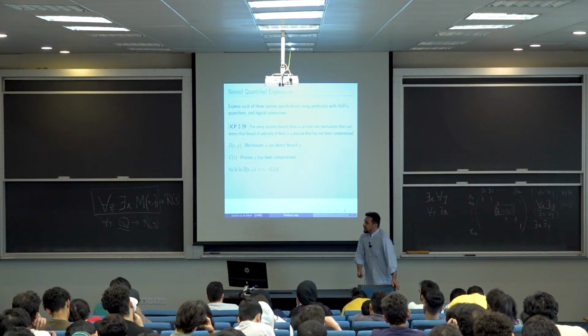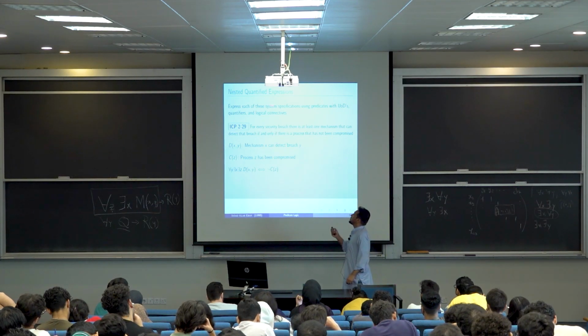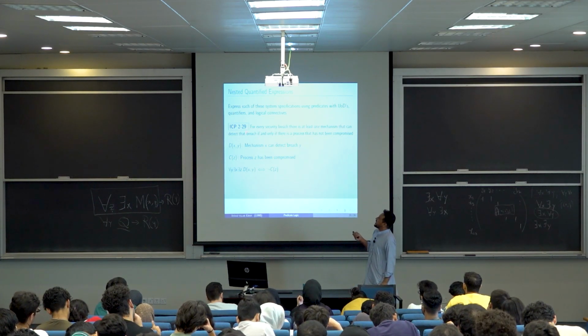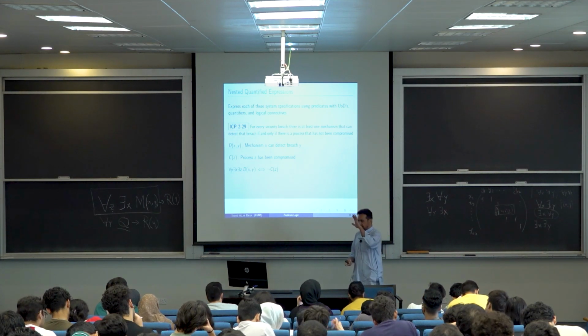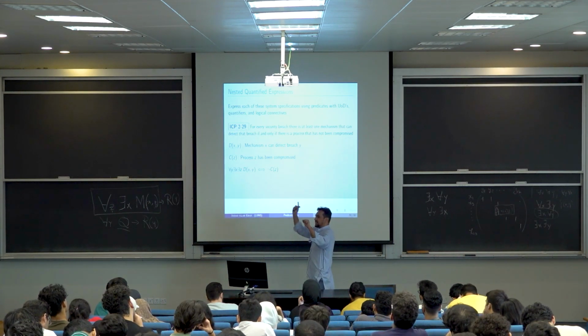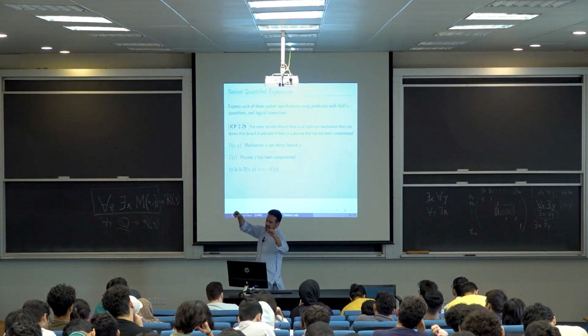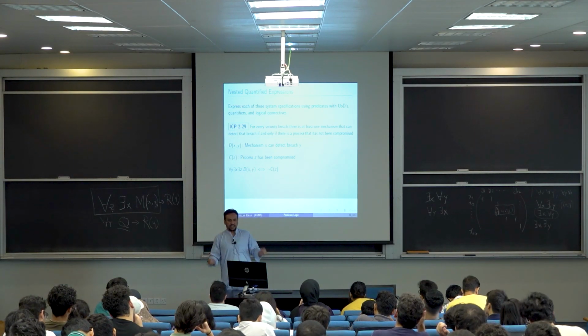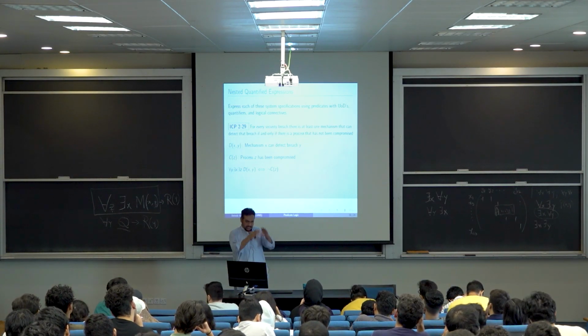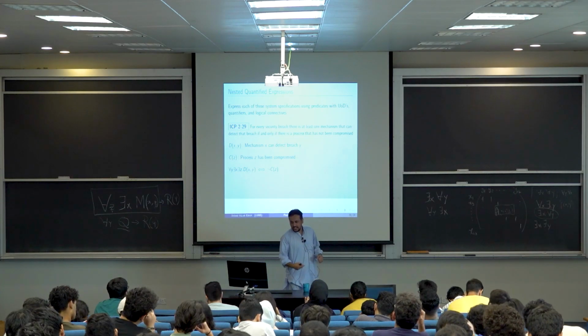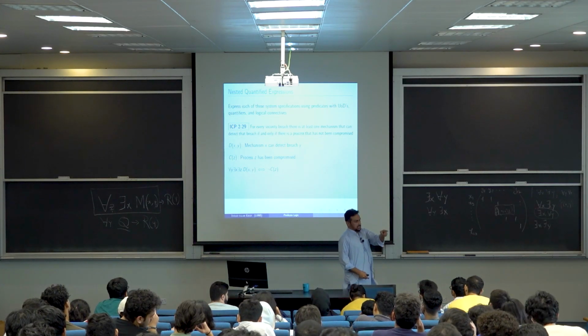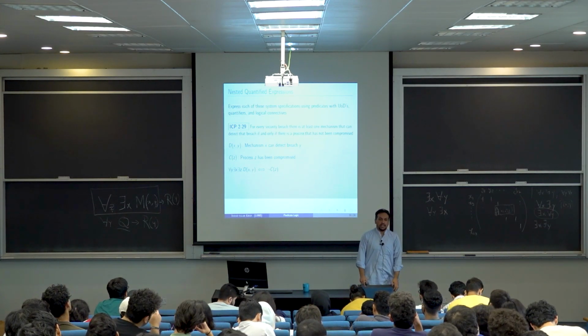So for every security breach, there is at least one mechanism that can detect that breach. So for every breach, there is a mechanism, at least one mechanism, maybe more than one, that can detect that. This statement is equal to this statement that there is a process which has not been compromised.